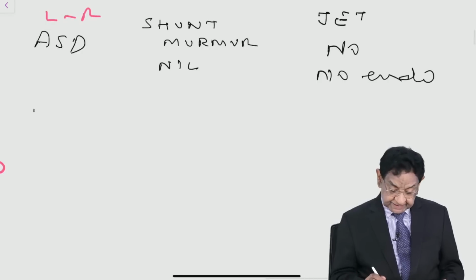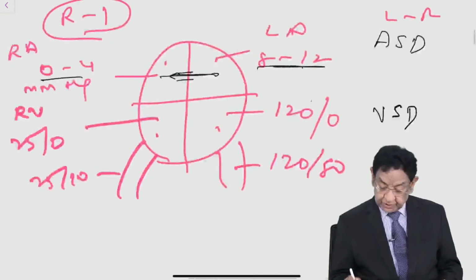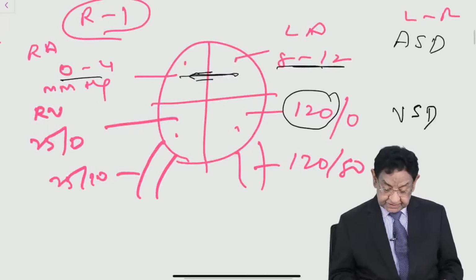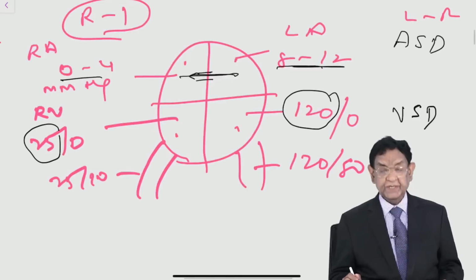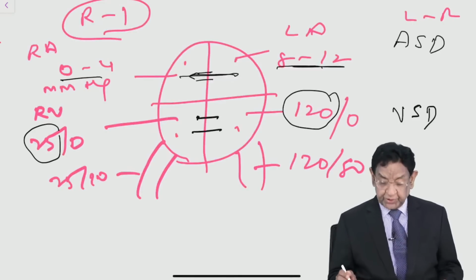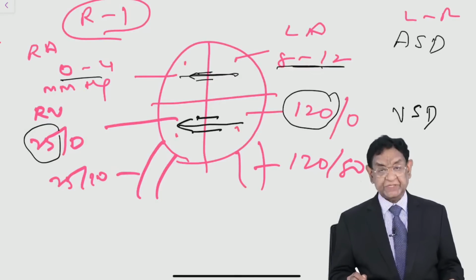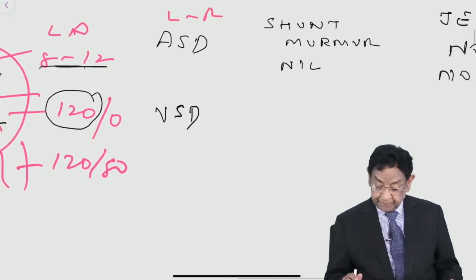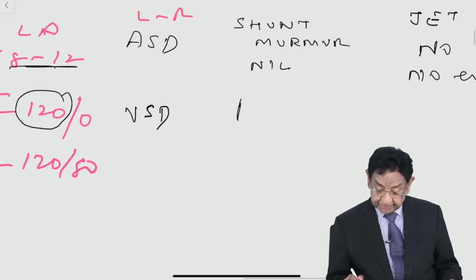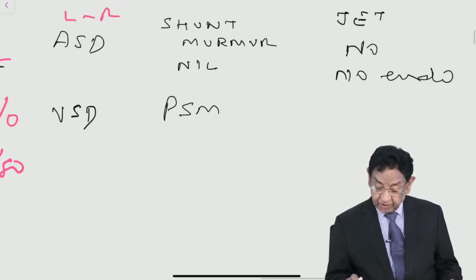Now in VSD, this is 120, this is 25. So in VSD there is a huge pressure difference. The blood will flow with great pressure, so you get a pan-systolic murmur. Jet formation, yes.